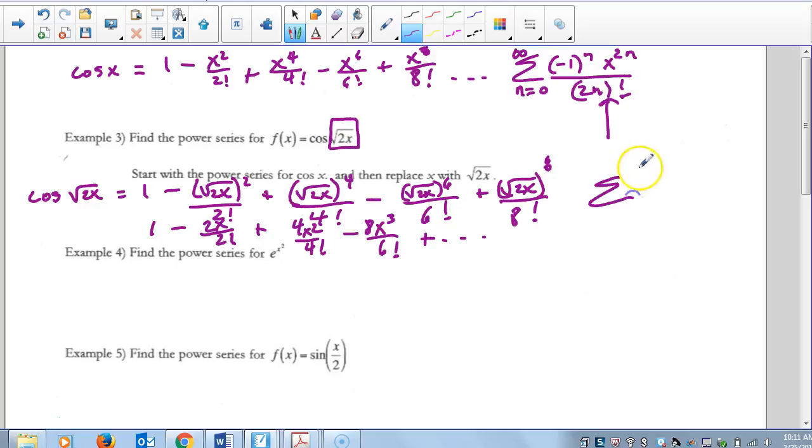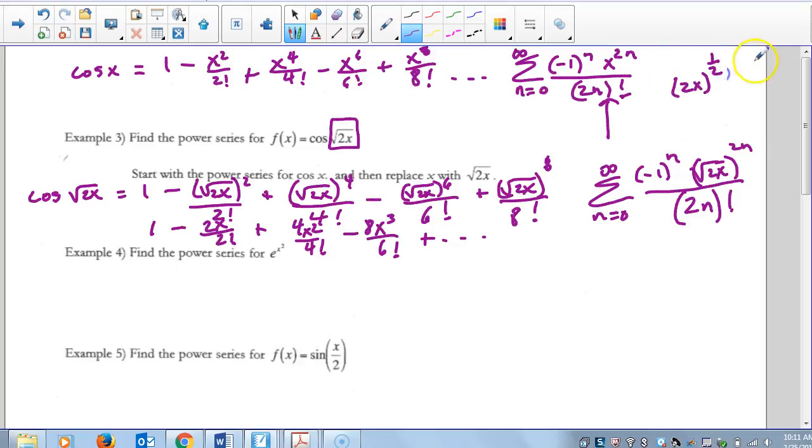So I'm still going to have the sum. It's still going to be going from 0 to infinity. It's alternating. I've got the square root of 2x to the 2n all over 2n factorial. And if you think about the square root of 2x being 2x to the 1/2 raised to the 2n, then I'm multiplying those exponents, so 2n.